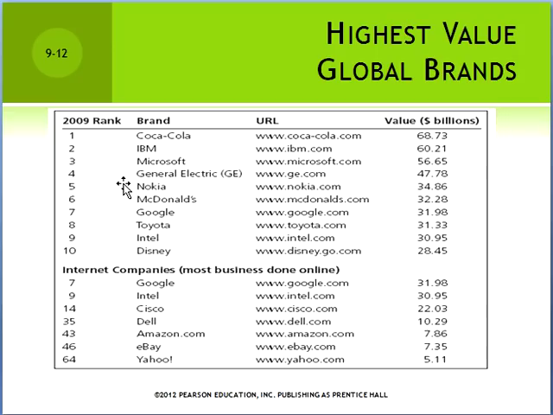Similarly, if you look at the top 100 companies or the 100 brands all over the world, have a look at some of the internet companies which have done very well, and among them Google is number one, and so on and so forth. We have various rankings of these brands too.